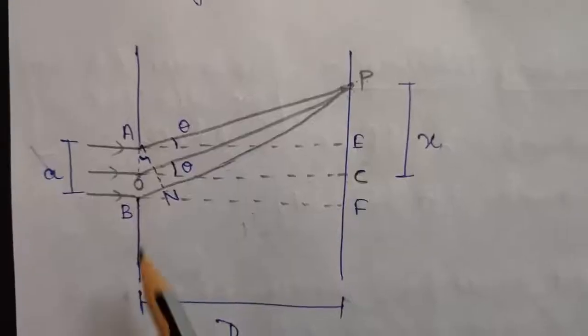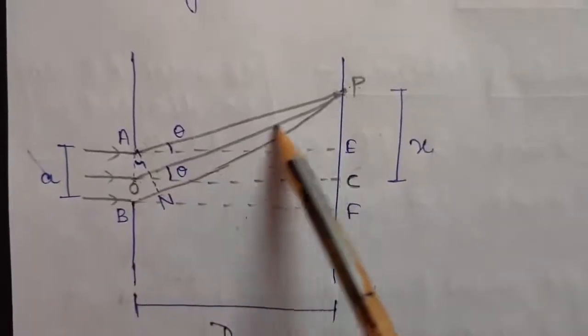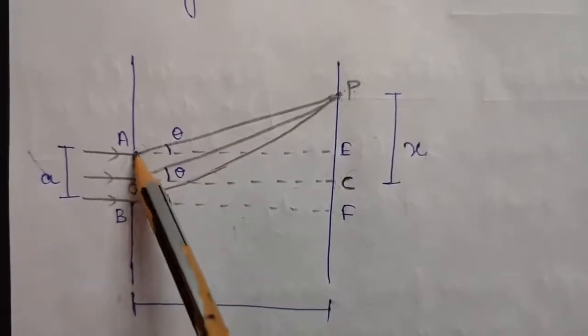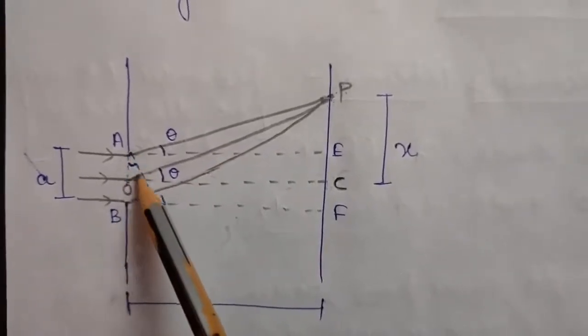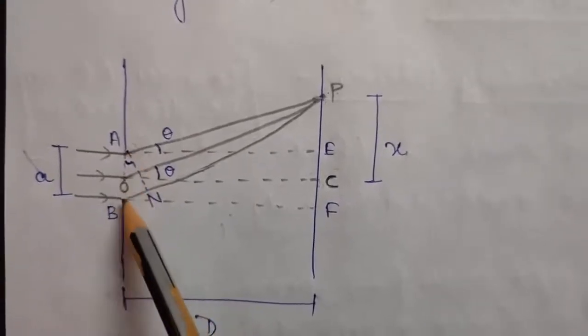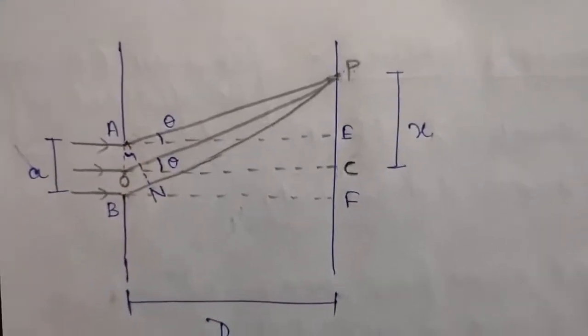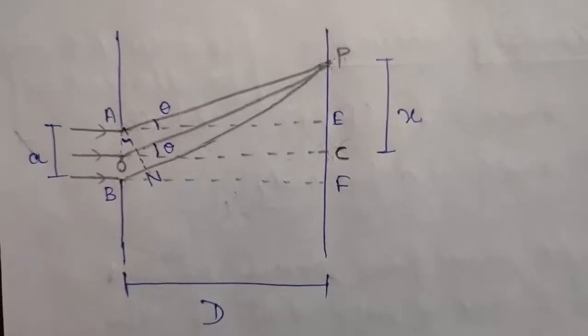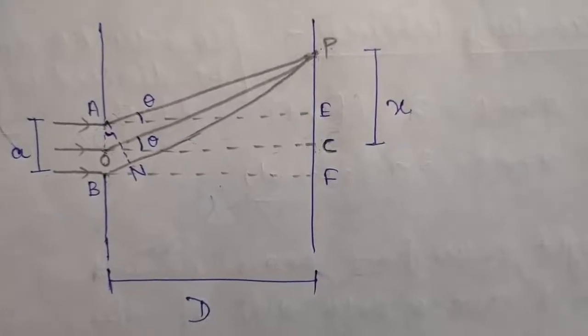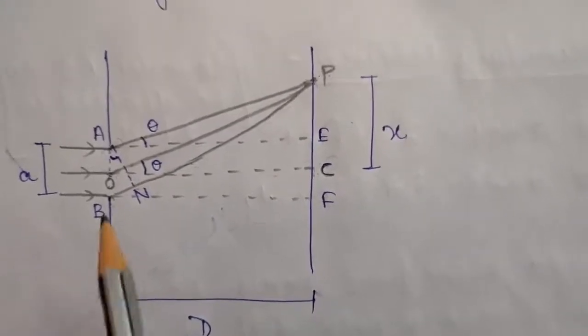So far we have not made use of this line, but now we will. We have divided AB into two parts, OA and OB, and these are equal parts.